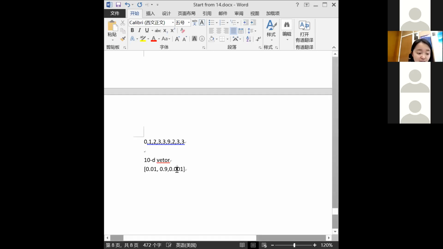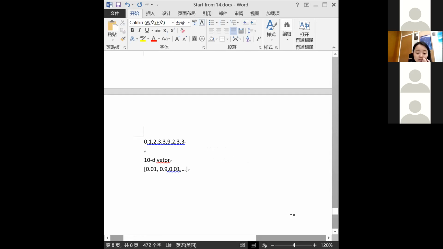This is an example. So we will choose the highest value. Here, the second element got the highest value, so the output will be 1.